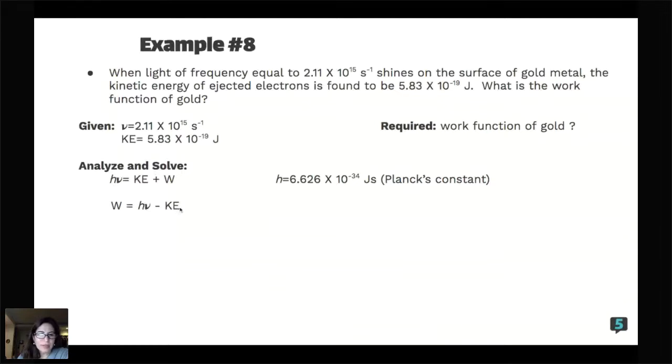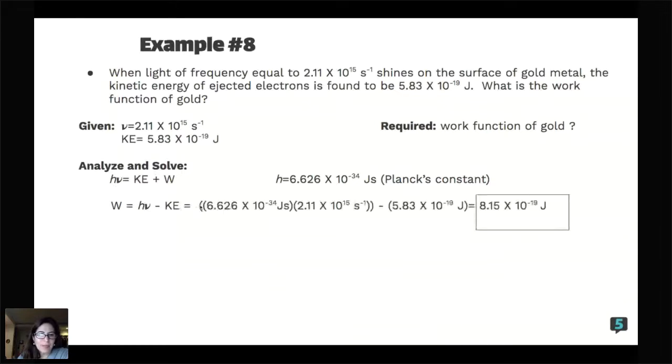I always get these confused. So now we substitute Planck's constant, frequency, and then we subtract the kinetic energy that was given, and this is the work function of gold. Remember that the work function means how much energy we need to start pulling out electrons, in this case of gold. Any questions here?